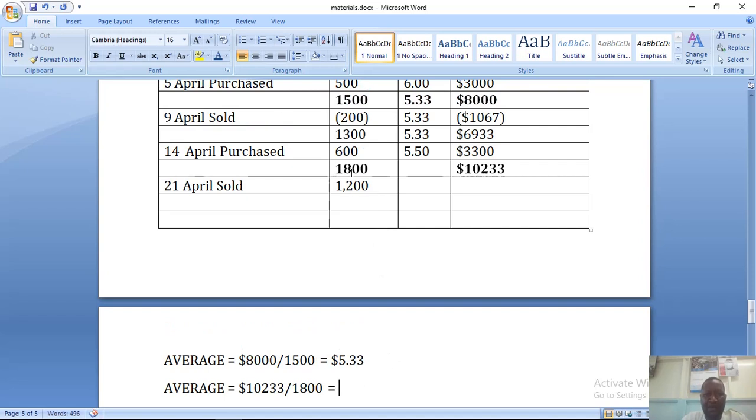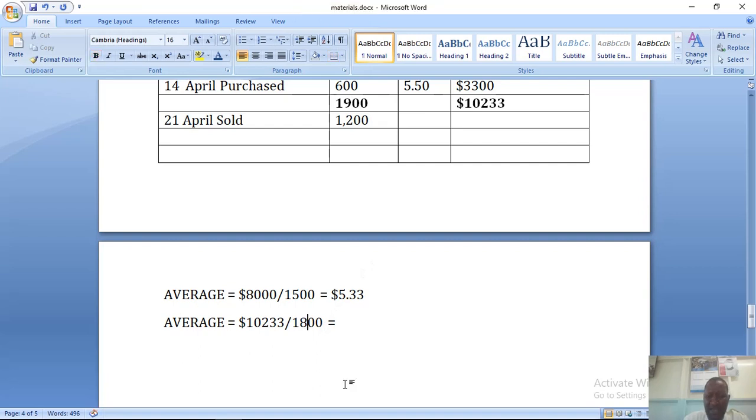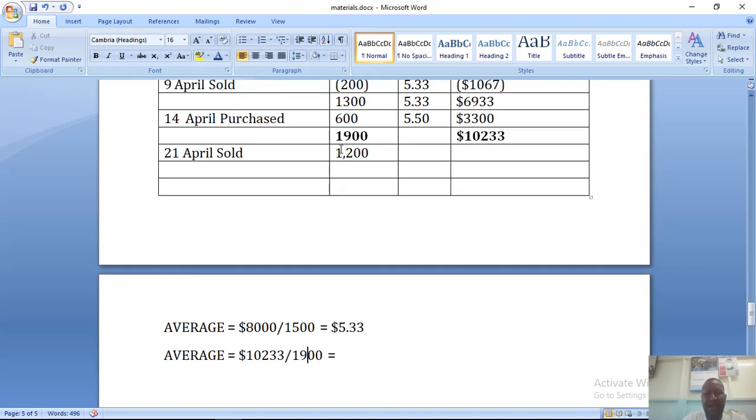Sorry, one mistake here: 1,300 plus 600 should be 1,900, not 1,800. Even here we have 1,900. Sorry for that. So when you divide 10,233 by 1,900, you have 5.386.